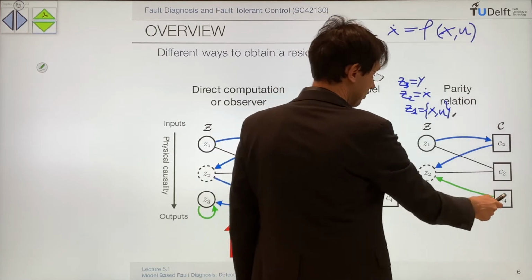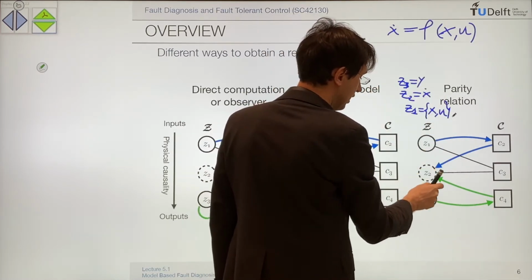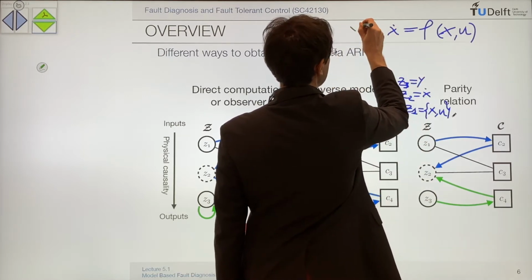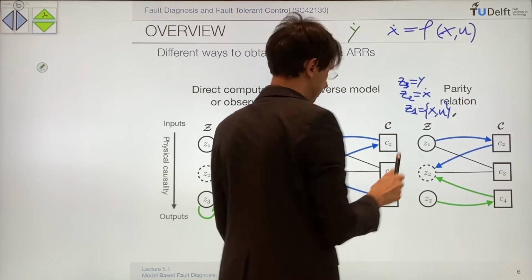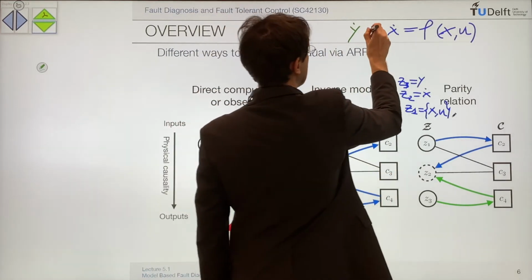But for doing this, you need to take a derivative because you want to get here to x dot. So starting from y, you need to compute the derivative of y. And then the check is, are they the same?